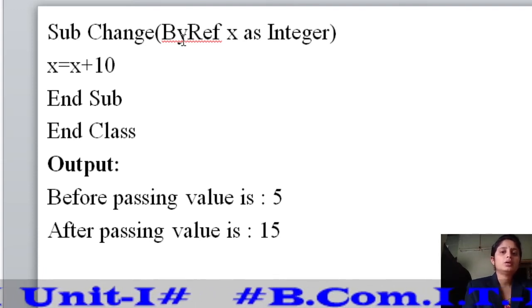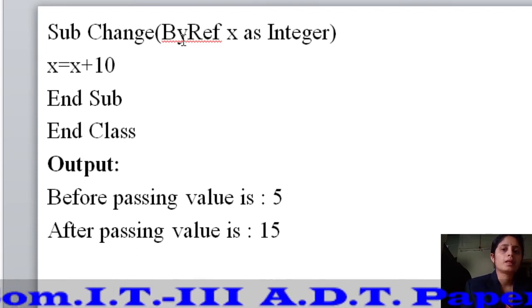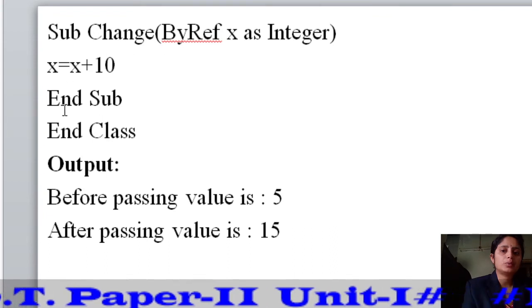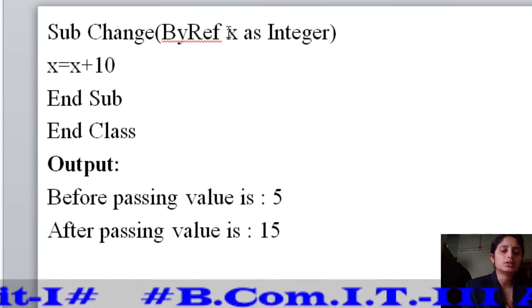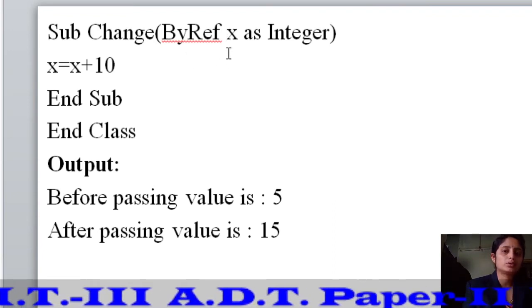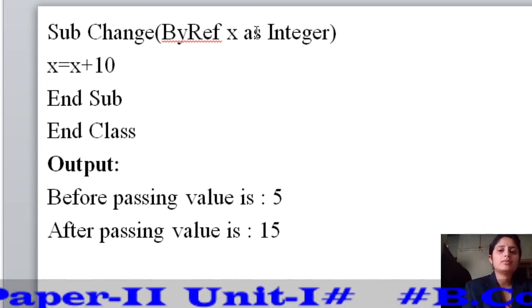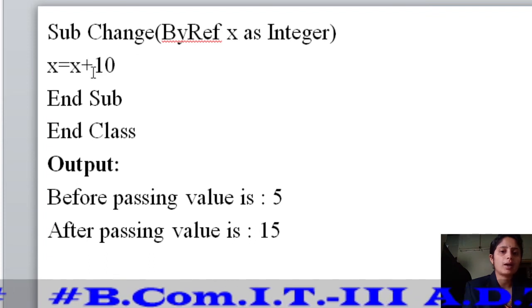In call by reference, if changes are made in the procedure, then the formal parameters are changed, and since the formal parameters refer to the actual parameters, the actual parameter values also change. So ByRef x As Integer: the value of x is 5, and x = 5 + 10.